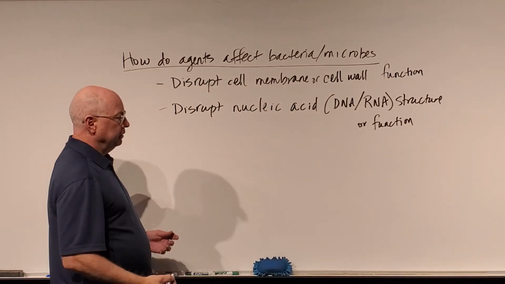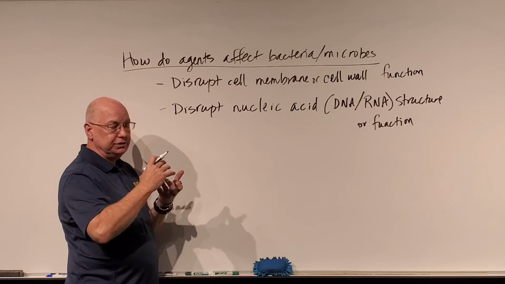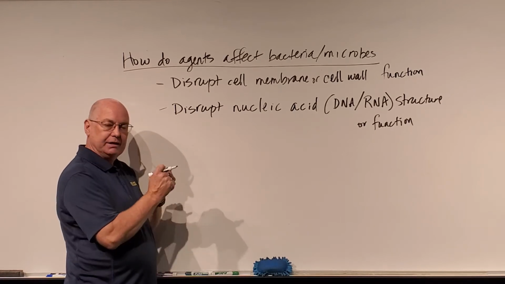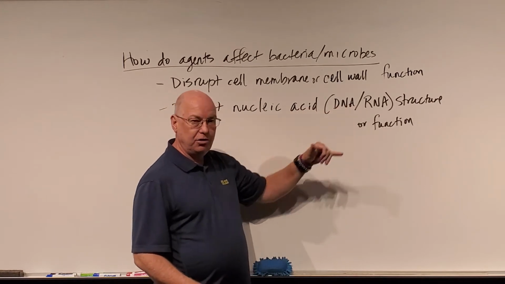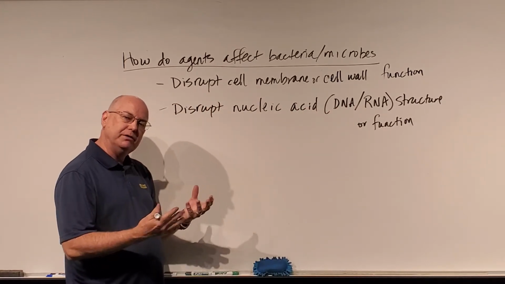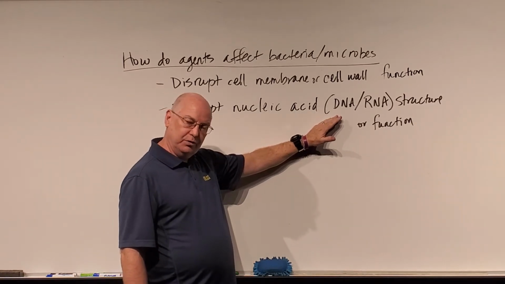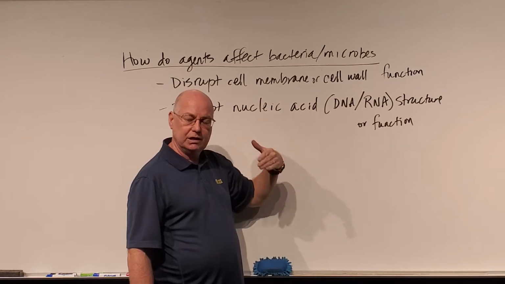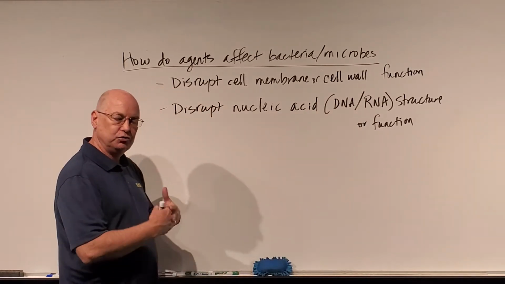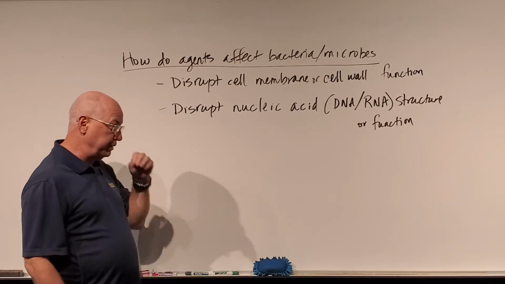So we know that heat can melt or denature proteins. Heat can also denature DNA, so to speak, in that it can break some of the bonds and mess up the physical structure of both DNA and RNA. We can literally sort of melt the DNA or melt the RNA. That would disrupt cell reproduction, or it could disrupt protein synthesis, disrupting metabolic pathways, which would slow, prevent bacterial growth or kill the bacteria.